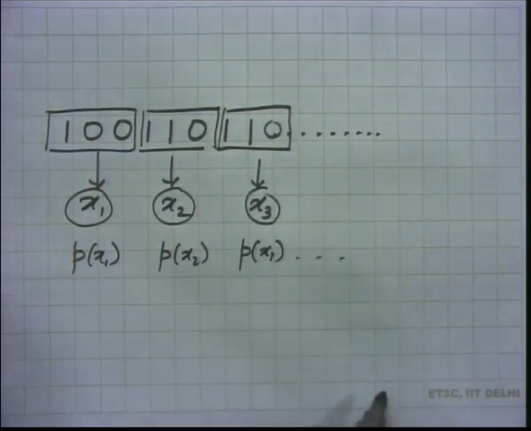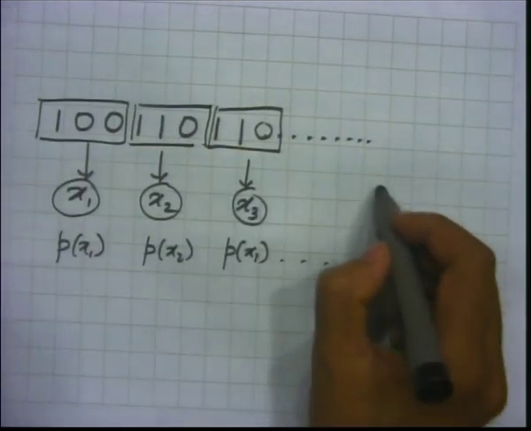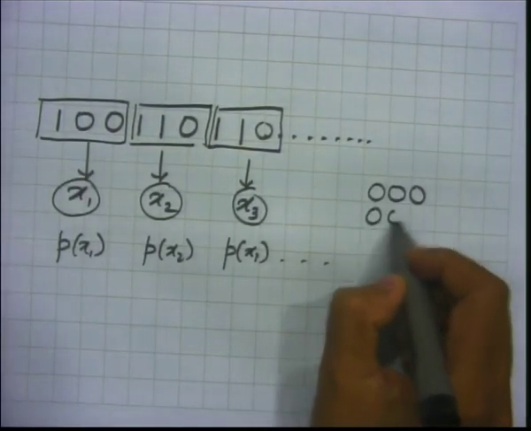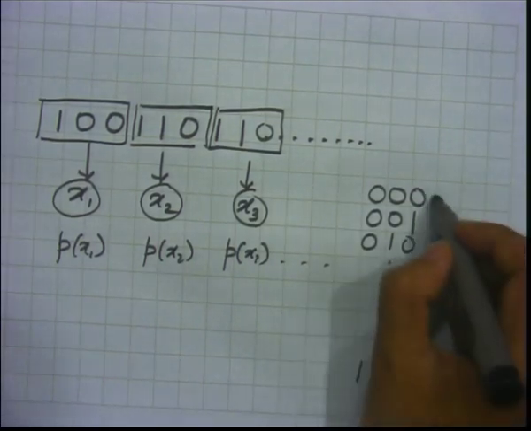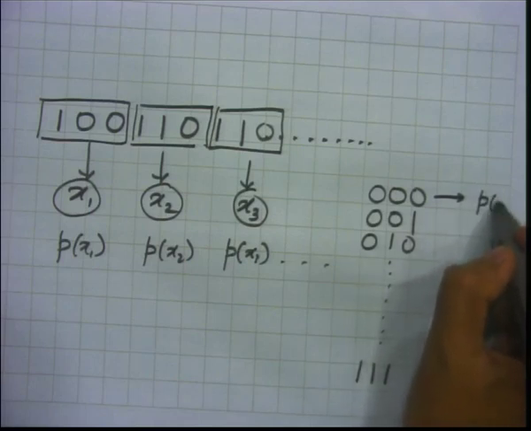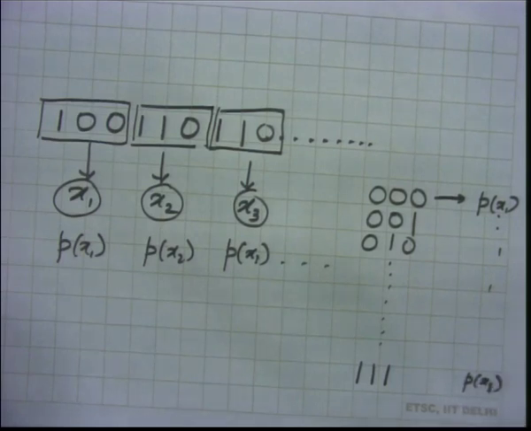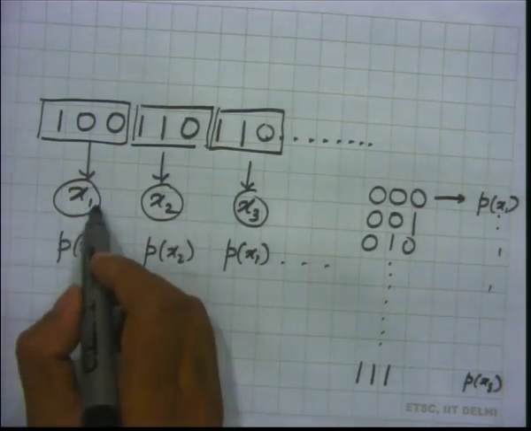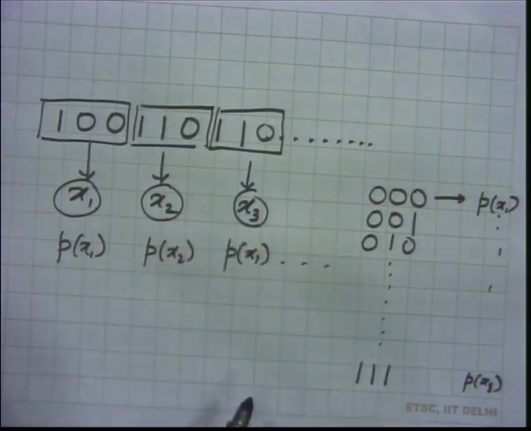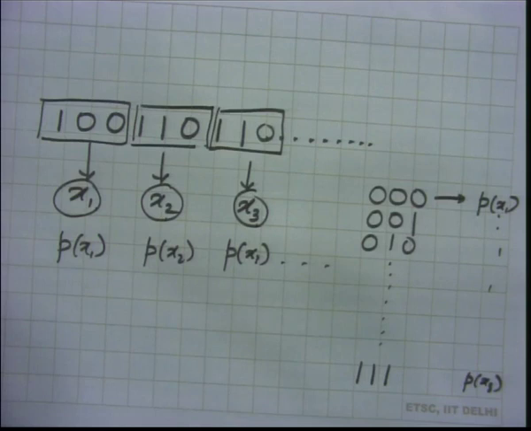In fact, if you look at this example, from 0, 0, 0, 0, 0, 1, 0, 1, 0 up to 1, 1, 1, you have corresponding probabilities p(x1), p(x2) and so on up to p(x8). What it means is that I can now do Huffman coding at these complex symbol levels.